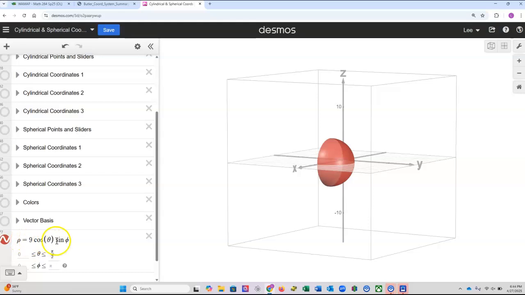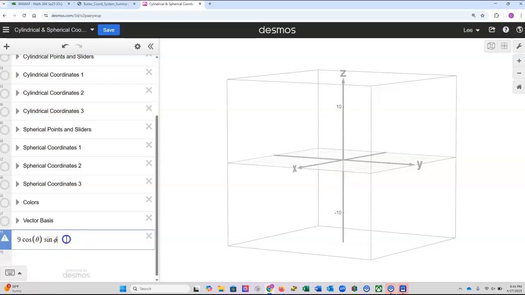So any equation you want to type in, rhos, cosines, phis, it does sometimes have a little bit of a hard time. Let's see, plus rho equals 9. If I put in something like that, it's going to say too many variables. It doesn't always do implicit stuff like this, like it does with some of the other equations.